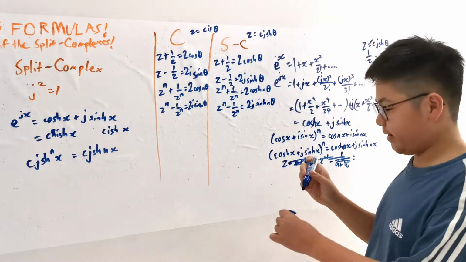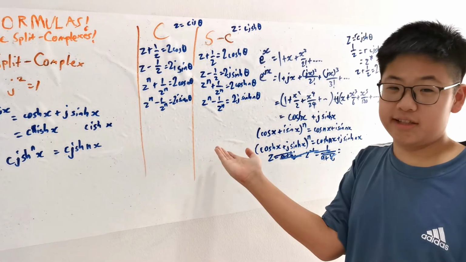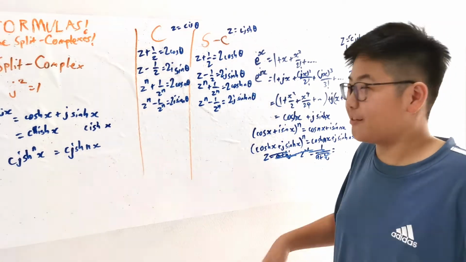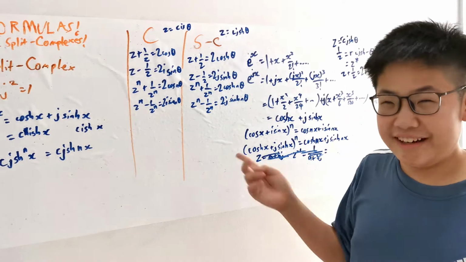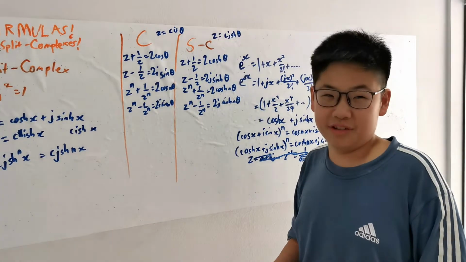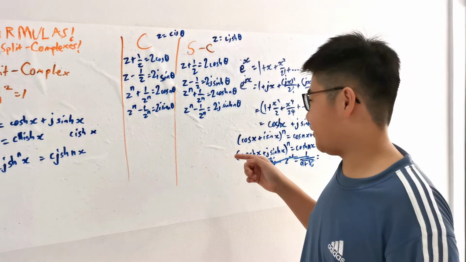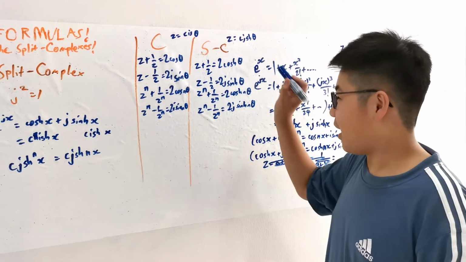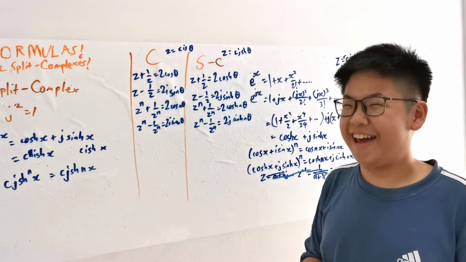As you might have guessed, this is very useful when we want to work out integrations of, say, sine to the power of 25. Wait, why would anybody want to do that anyway? Unless you're some kind of mathematician that wants to integrate sine to the power of 25. Then you can use these powerful split complex formulas to find the integral in terms of multiple angles.